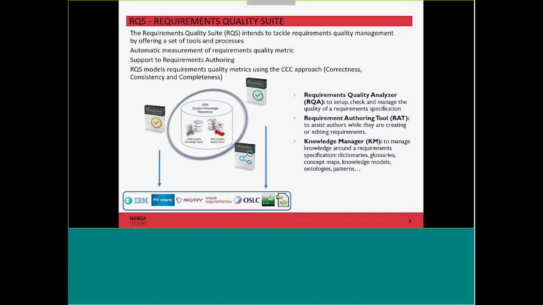Are we using liters for every measure, or are we mixing up different units? So are all our requirements consistently talking about the same thing across all requirement sets? And completeness. Do we have a complete set of requirements? And this is backed up by a model which is defined within the Reuse company's Knowledge Manager. So three very important measures there of being able to measure individual requirements' correctness, and then across a set of requirements, are they consistent and complete?